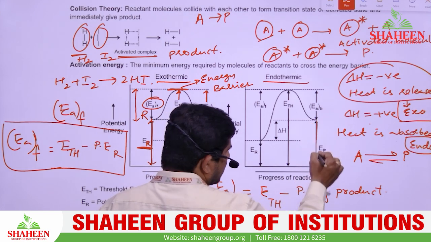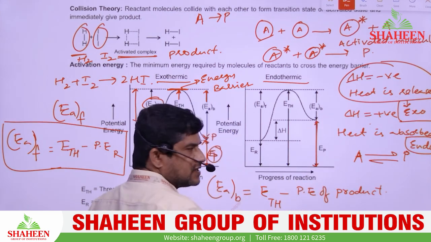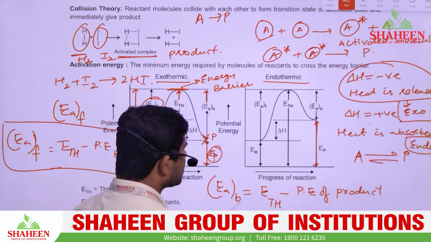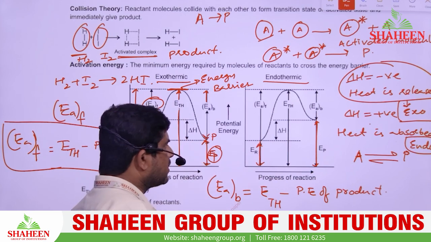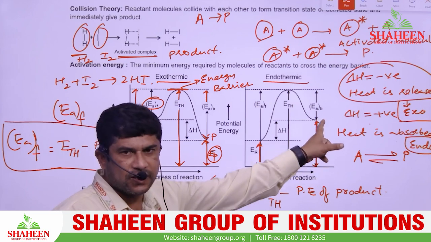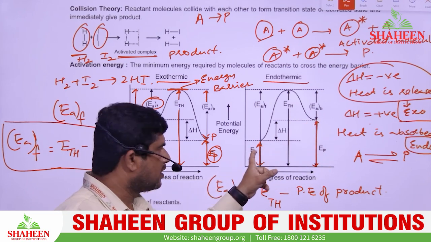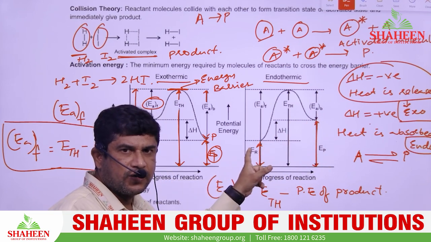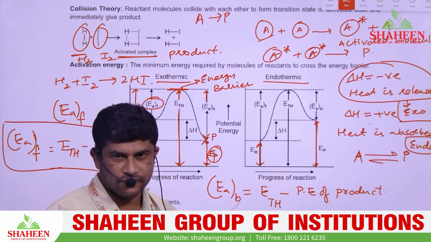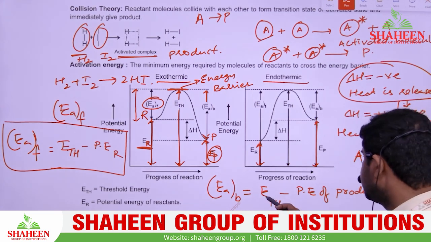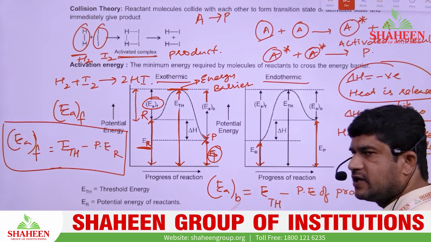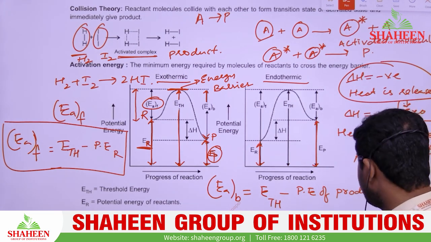Now here you can observe, this is EP, the potential energy of product, and this is the potential energy of reactant. So the product potential energy is higher and the reactant potential energy is smaller, so the difference will become positive. Enthalpy of reaction is potential energy of product minus potential energy of reactant.